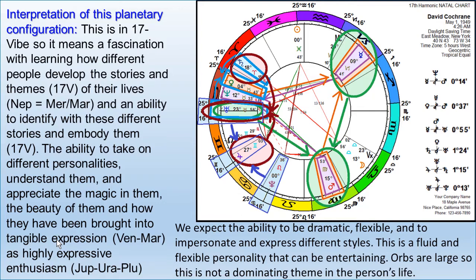But more specifically, it gets even more interesting than that. The ability to take on different personalities, because of the huge configuration, realizing Neptune at Mercury, Mars is just one major focus of it, to appreciate the magic in those different storylines, the beauty of them, which we're going to see more with the Mercury at Venus, Mars midpoint structure, which is also strong, and how they can be brought into tangible expression.